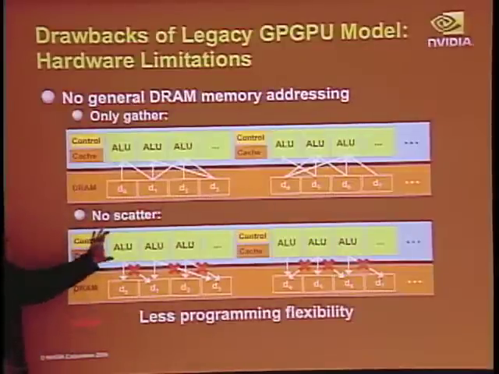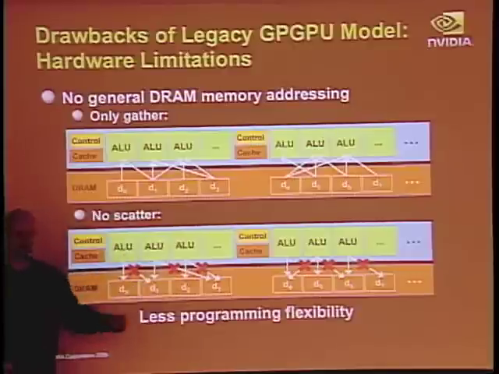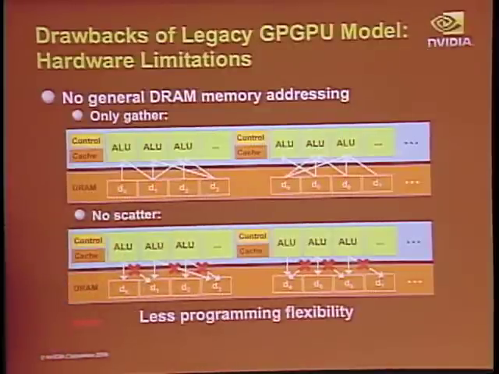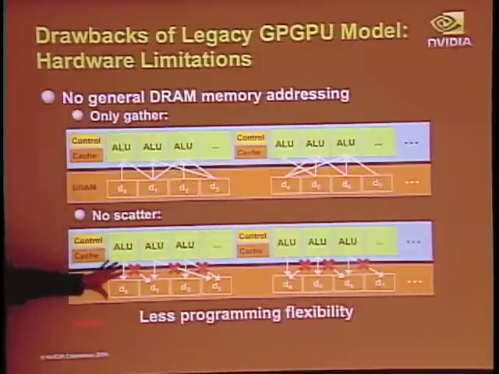We can't take a value from our ALU and write it to a different bank of DRAM. In fact, the only way we get to write back to DRAM at all is that we write back a color and a depth at the end, but then we're only writing back to our own color slot, our own pixel. We can't write a fragment program that lets me write back to somebody else's pixel. So we have gather, not scatter, in a traditional GPU.